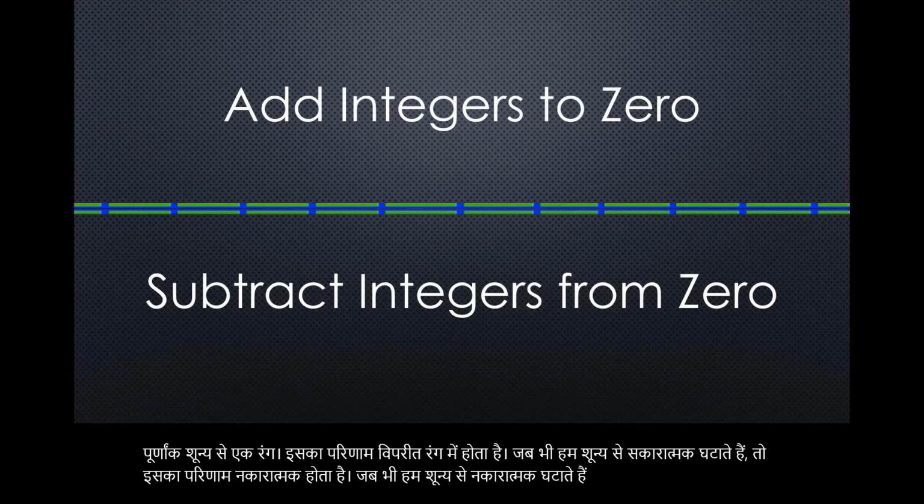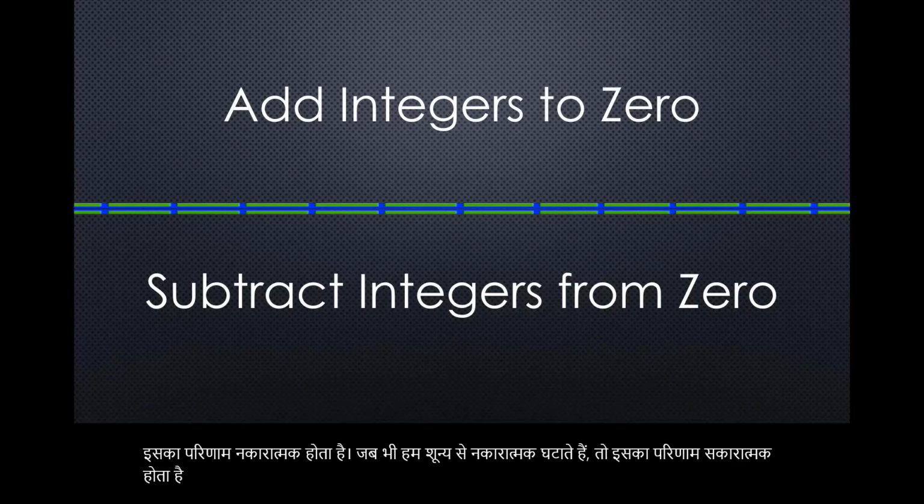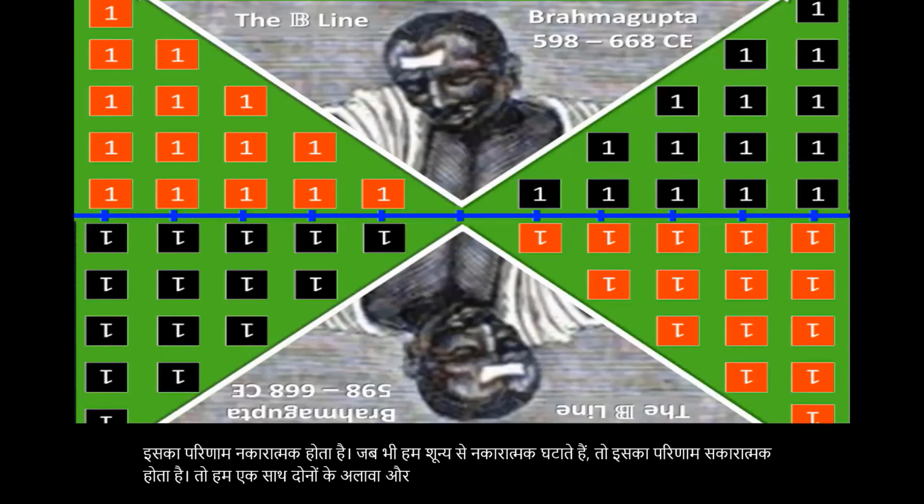So we can put together both the addition and subtraction of integers, and we get this symmetric pattern, where on the right hand side we have addition of positives and subtraction of positives.